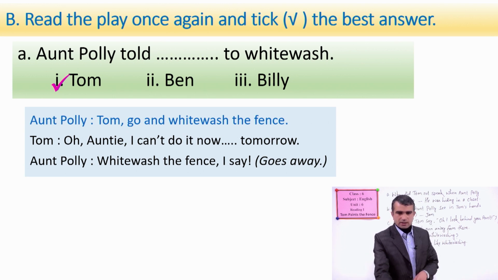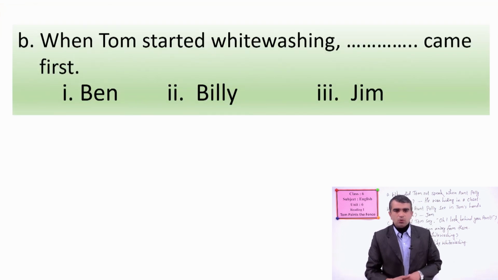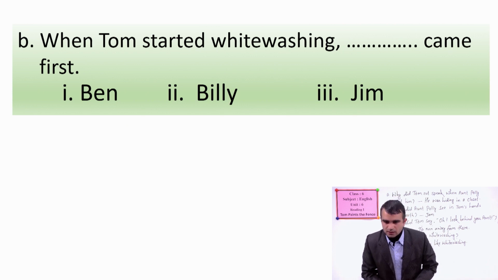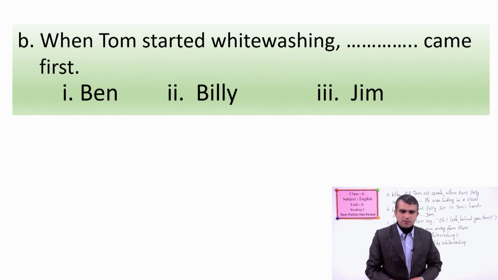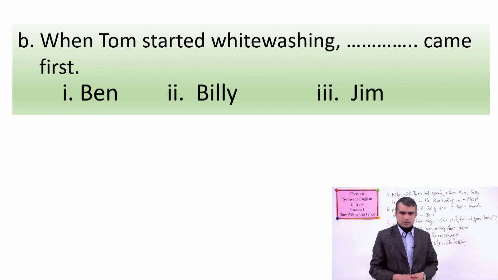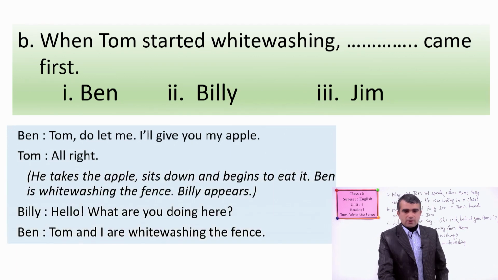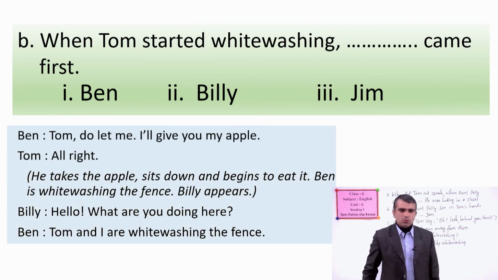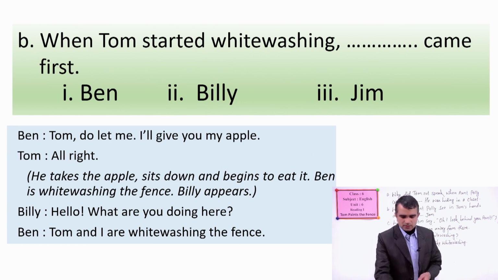Now next question. When Tom started whitewashing, who came first? Ben came first, Billy came first, or Jim came first? Okay. You can read it here. Who is there in the beginning? Who are talking in the beginning? Yes, Ben and Tom. And later who comes?